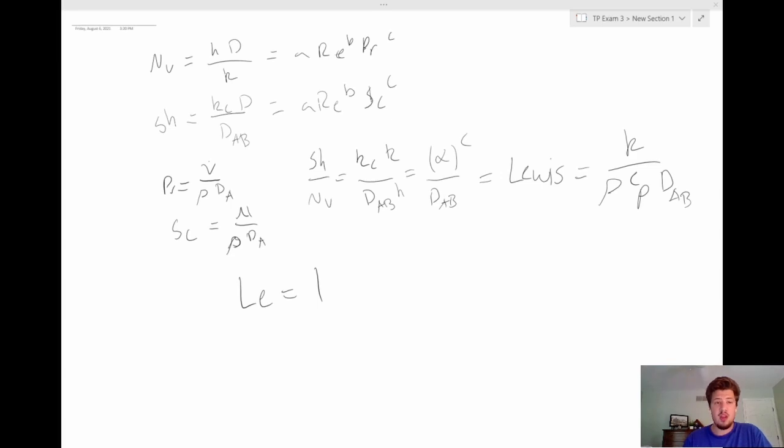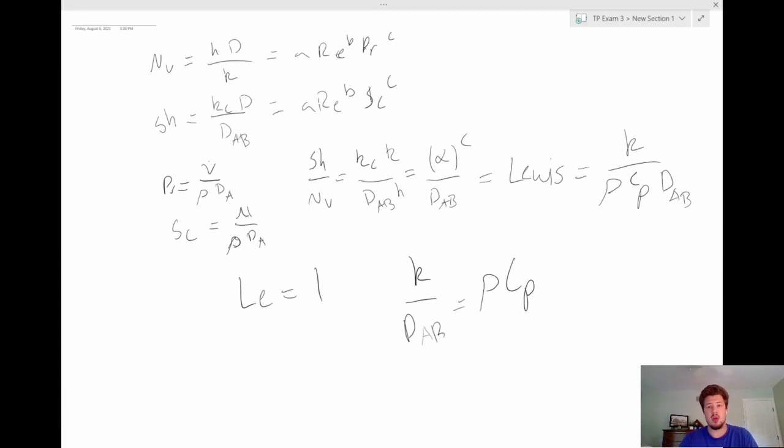So now, if we analyze the Lewis number, K over the diffusivity coefficient is equal to rho Cp, the density times the heat capacity.